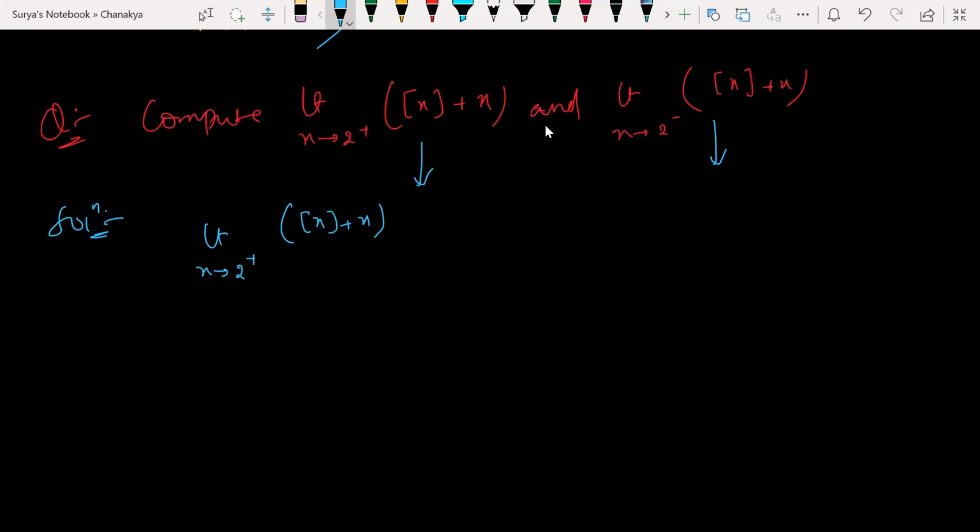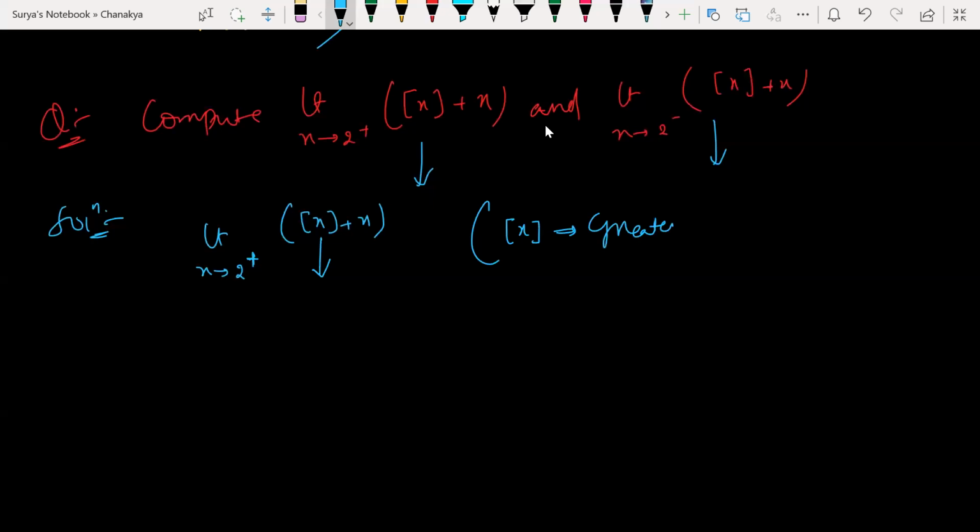Look, what exactly does this box x represent here? Tell me, where you write brackets. This box x represents the greatest integer function.